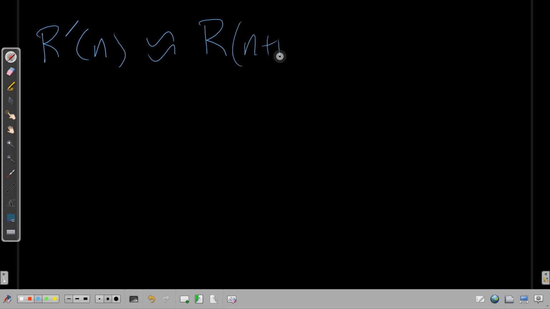Well, now you can change your f to be a revenue function. If I have a revenue function and I were to take its margin and evaluate it at n, then it would be approximately the difference between r of n plus 1 and r of n.